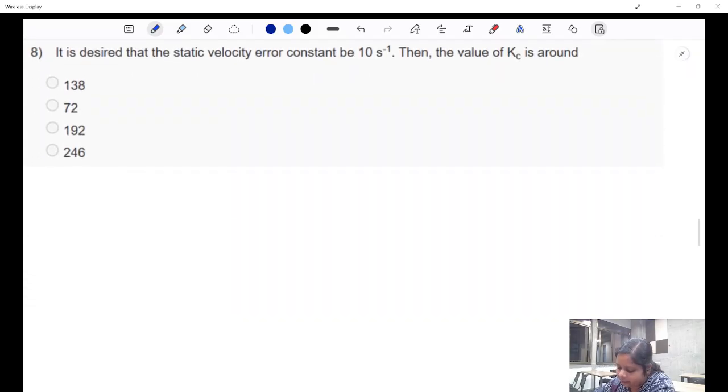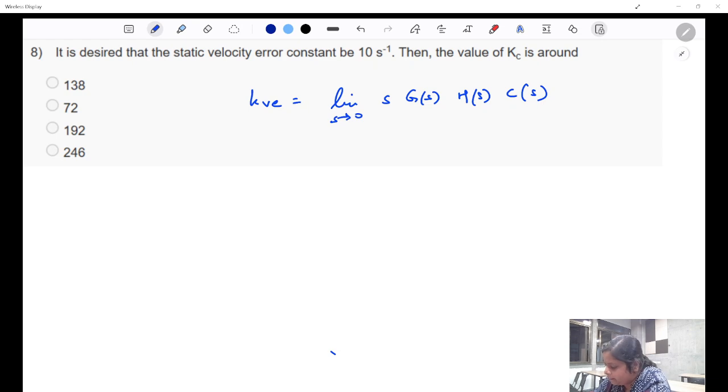It is desired that the static velocity error constant be 10 per second, then the value of Kc, the gain, is around what? So what is Kv? It is limit s tends to 0 of s G(s) H(s) C(s). Here G(s) is the plant transfer function.